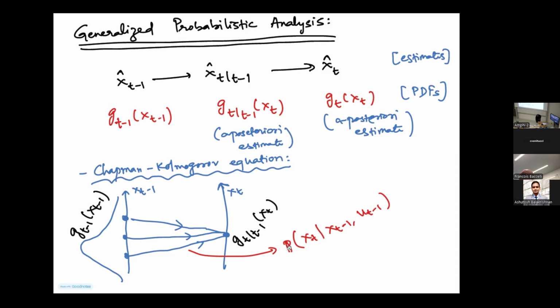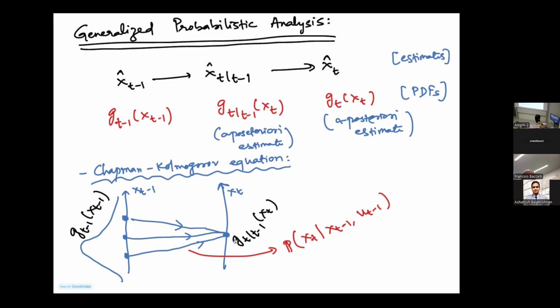This is a Markovian transition: the probability of xt given xt-1 and ut-1, we don't need the previous state transitions. Through these two pieces of information, we want to estimate g of t given t-1, which is the a priori estimate.